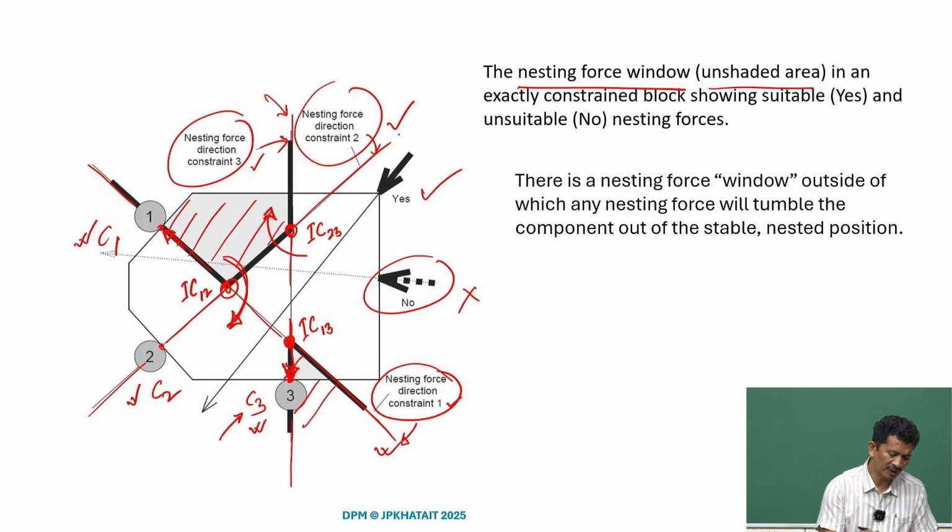So in order to make contact with C2, what will be the moment required? In this case, the moment required will be along this direction, which is now counterclockwise.